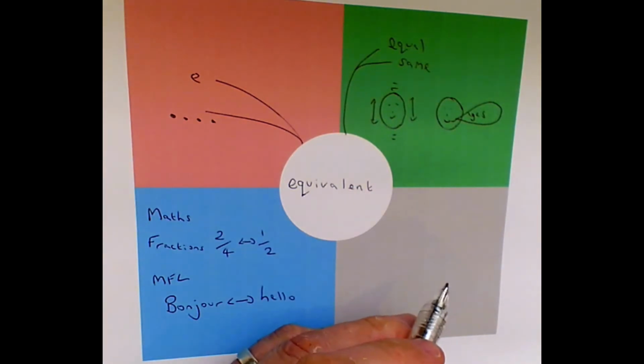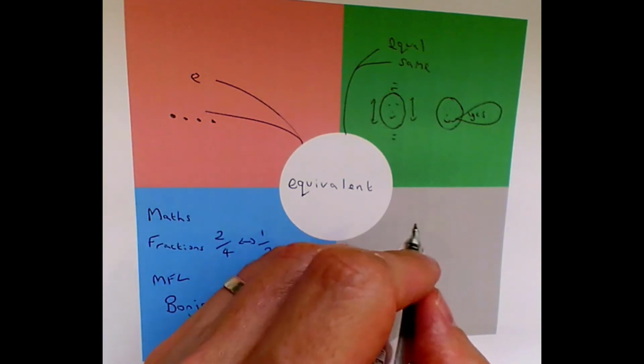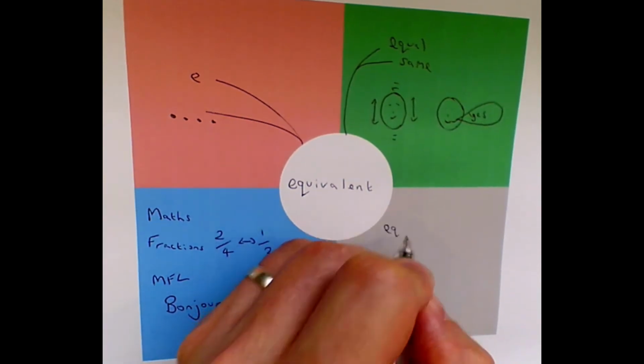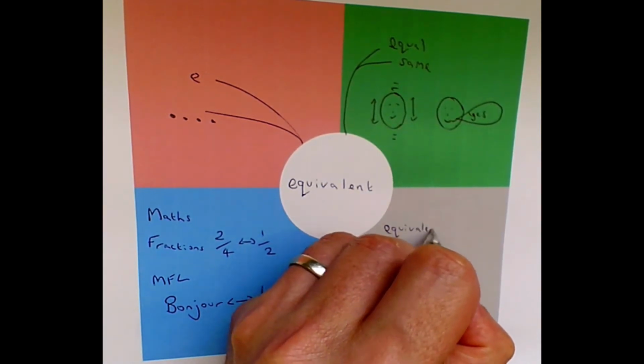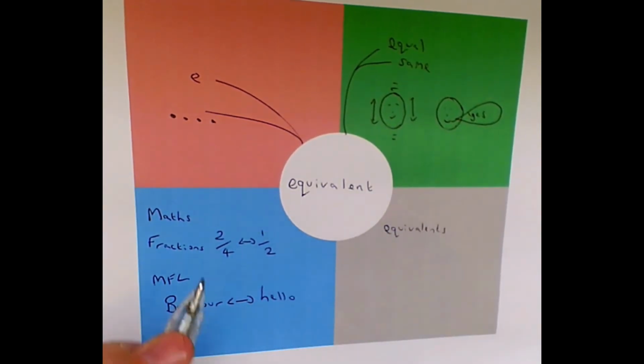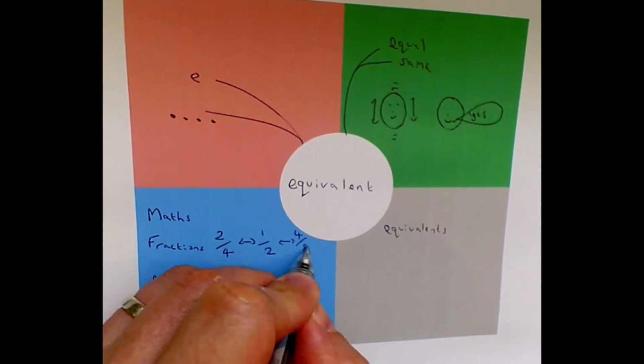Grey for other ways you might hear or read the word. Well, if you've got more than one, you would have equivalents. So here, 2/4 is the same as 1/2, which would be the same as 4/8.